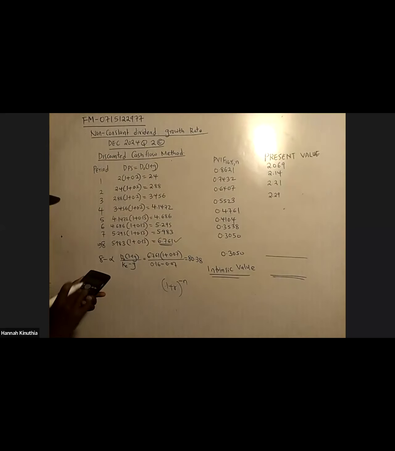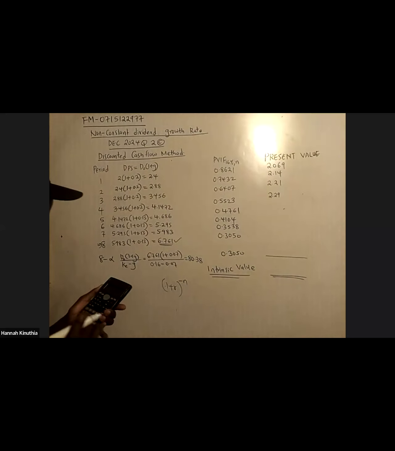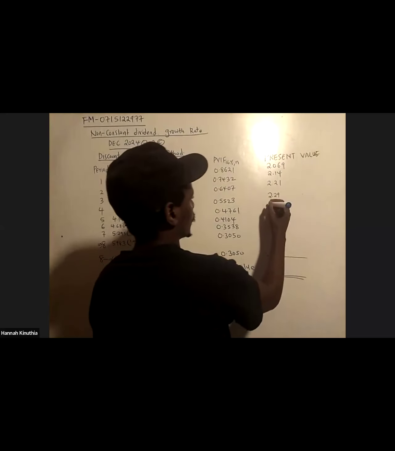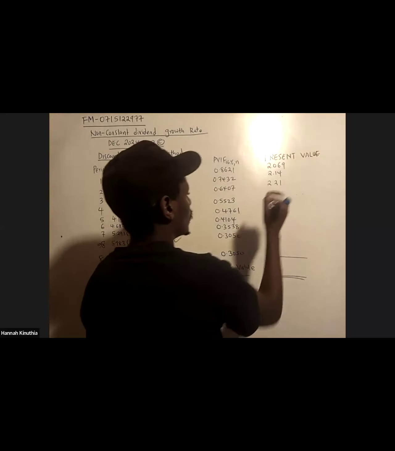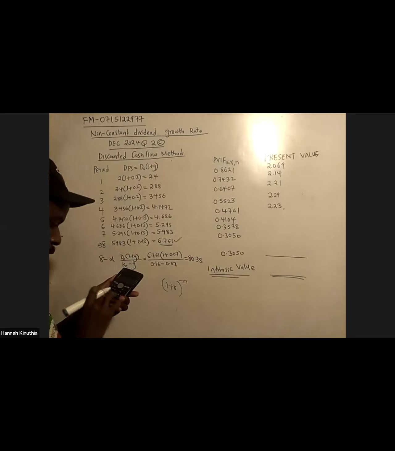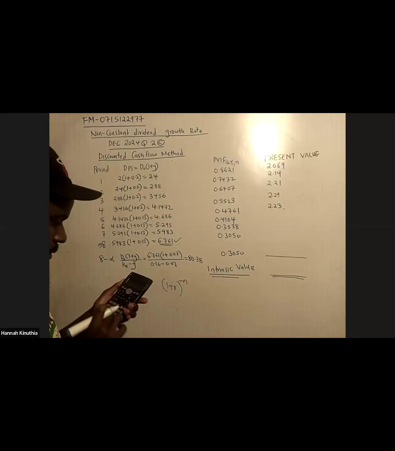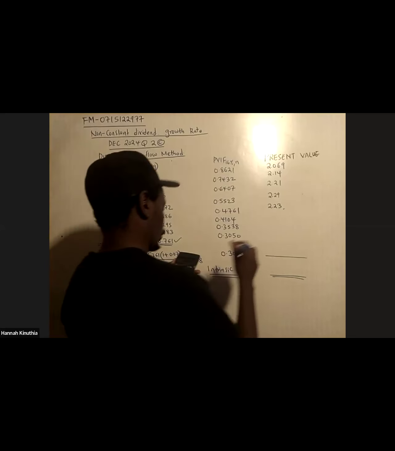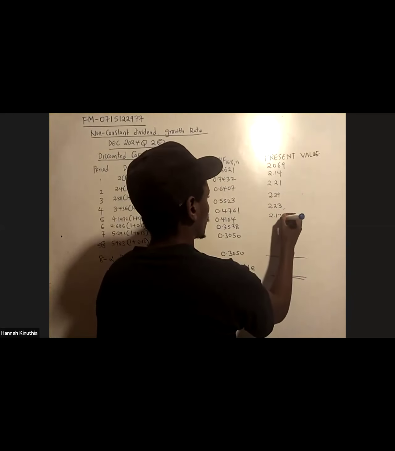Then 4.686 times 0.4761 is 2.23. Then 5.295 times 0.4104 is 2.17.